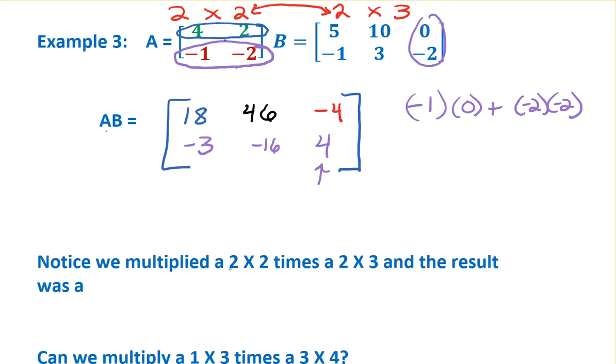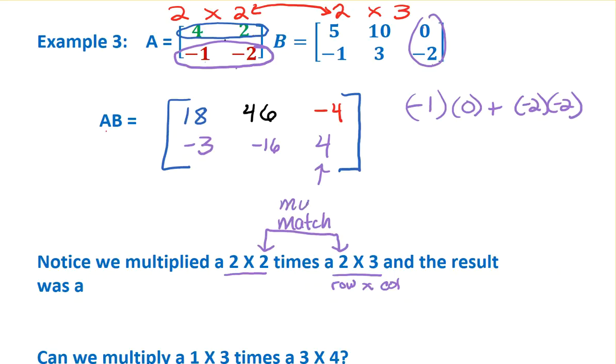We took a 2 by 2 matrix and we multiplied by a 2 by 3. Remember, it's always rows by columns. So our second matrix had 2 rows and 3 columns. So these two must match. You have to be able to match them up horizontally and vertically. So we have to have the same number of columns in the first matrix matching with the number of rows in the second matrix.